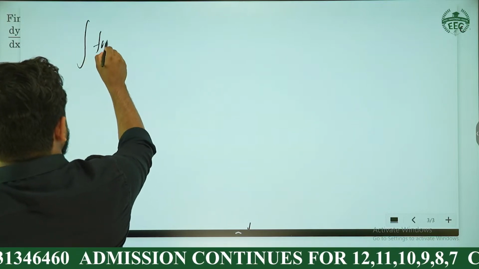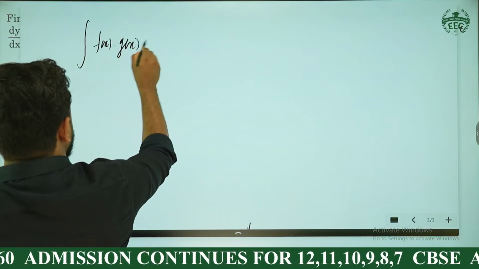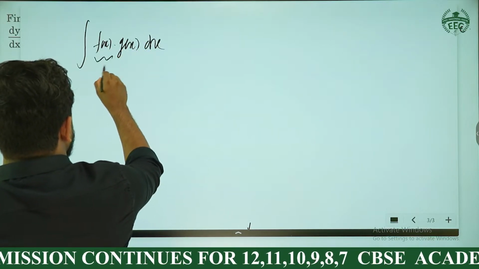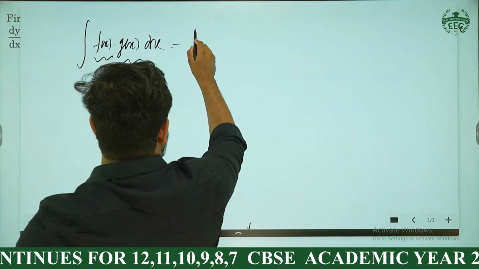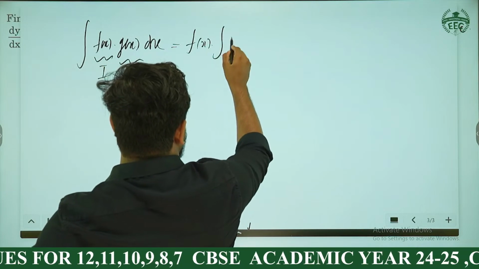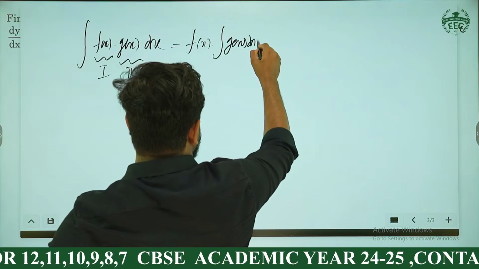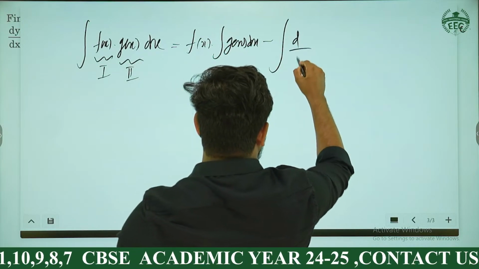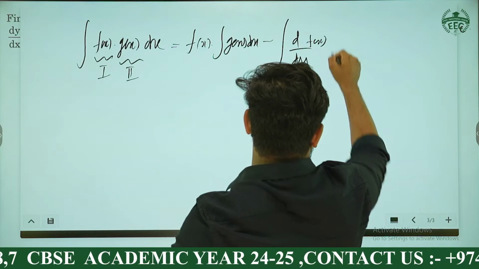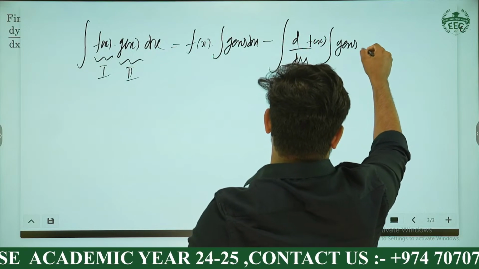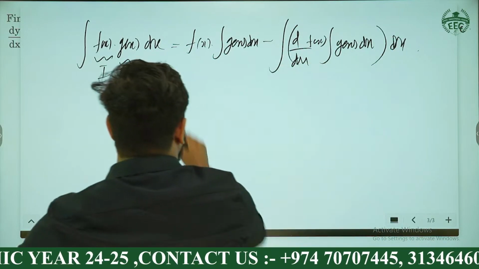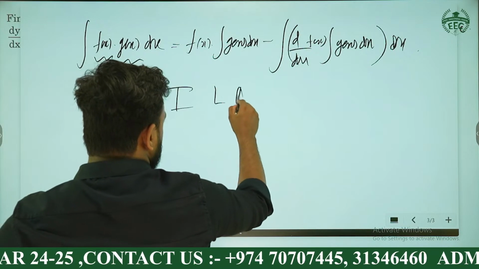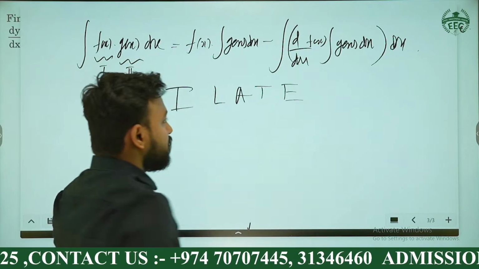Integral of a function into another function. This one is the first function, this one is the second function. Then what you will get? First function into integral of second function minus integral of derivative of first function into integral of second function, all dx.